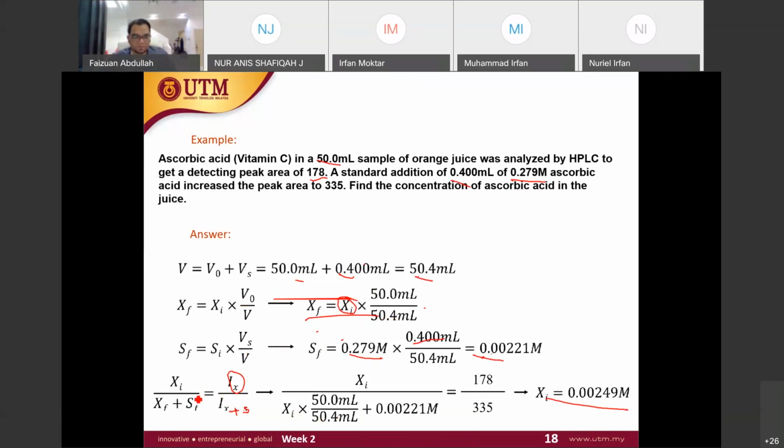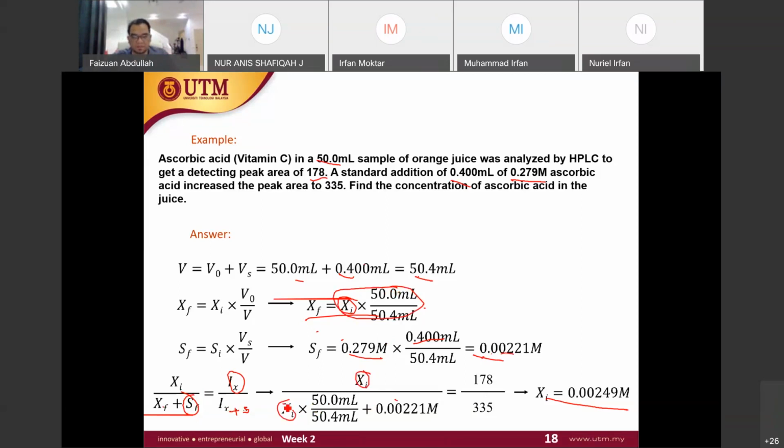So SF is replaced by this value, and XF is replaced by this, so that we have the similar subject here.